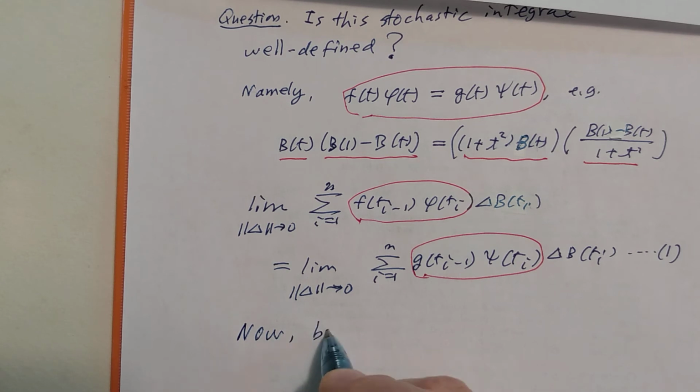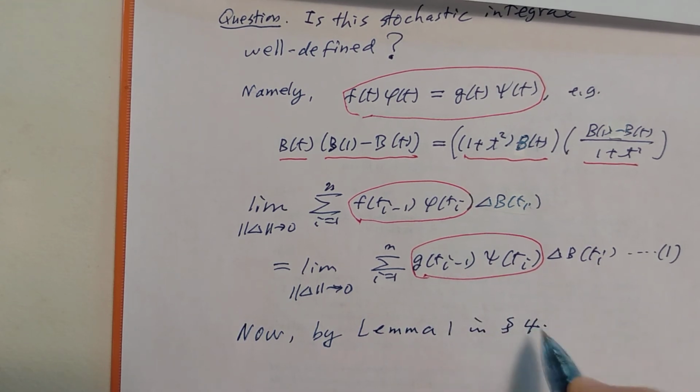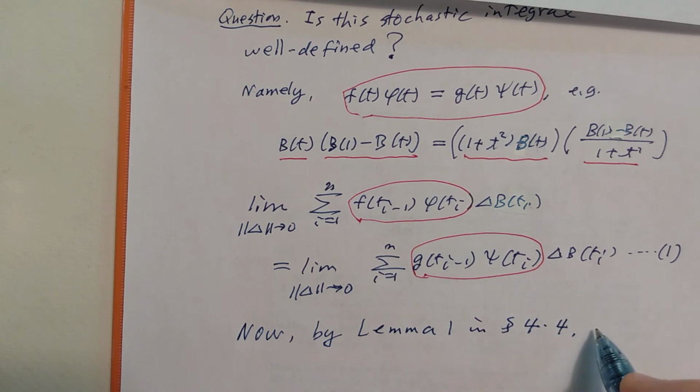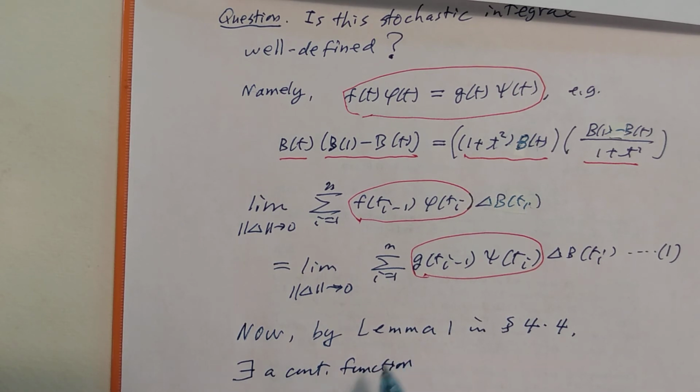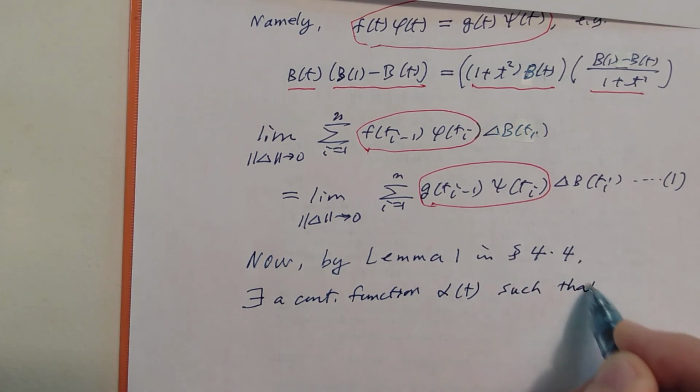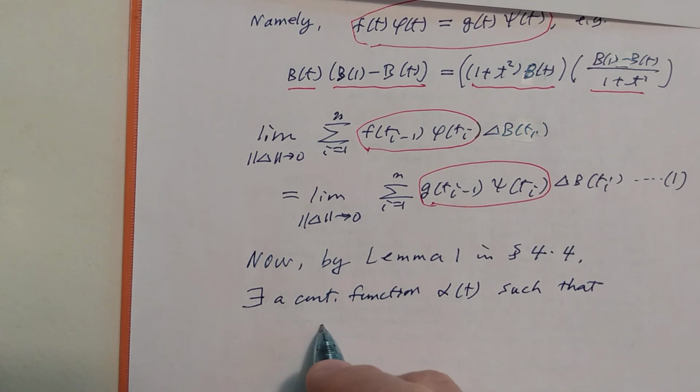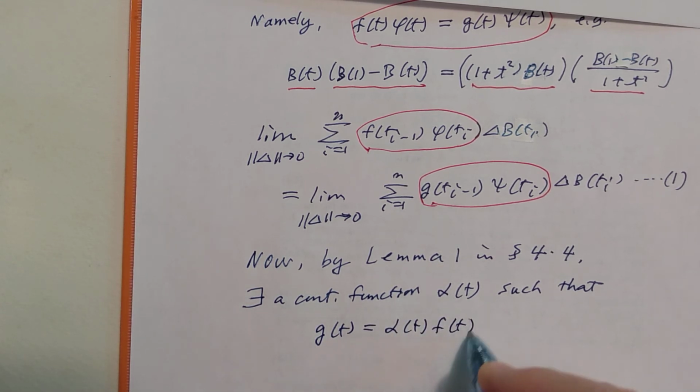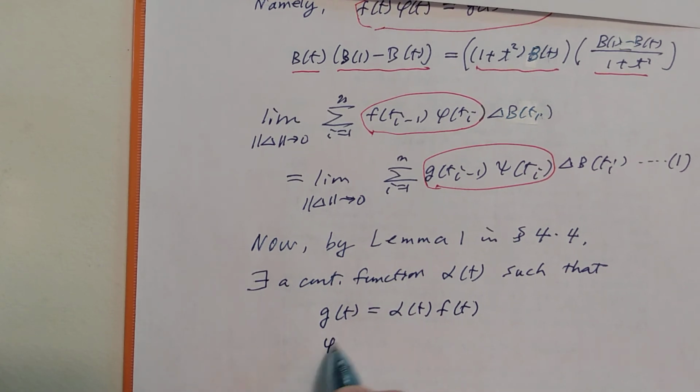Now, by lemma 1 in section 4.4, there exists a continuous function alpha t such that g t equals alpha t times f t, and phi t equals alpha t times psi t.